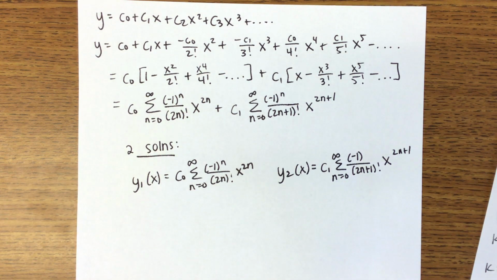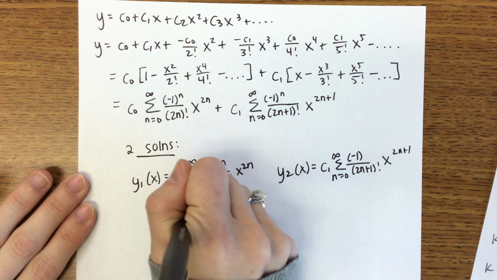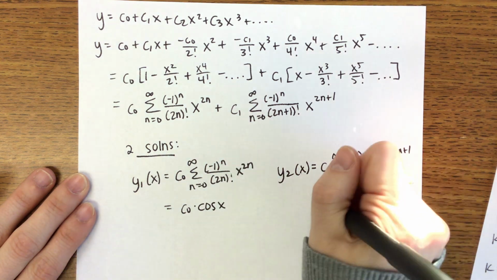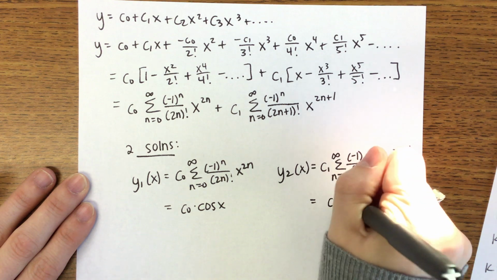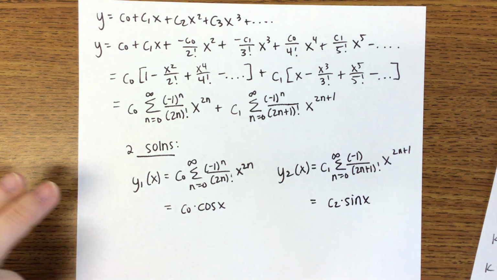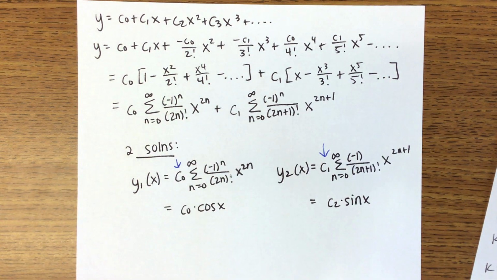So those are our two power series solutions. Like I said, sometimes you'll recognize those, you'll know what functions they describe, sometimes you won't. This first one is cosine of x. Second one is sine of x. Please don't forget those constants. So that's something that's really easy to drop.